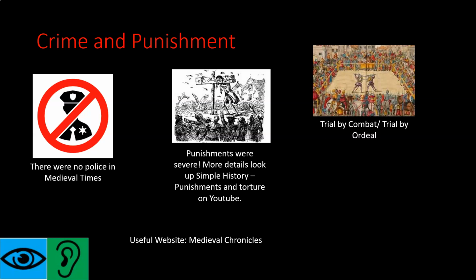Likewise, other serious crimes include things such as treason and heresy, so not being a good Christian. And again, these are punished in very, very severe ways, with punishments going up as far as being hung, drawn, and quartered, which again I will let you explore for yourself if you want to know what that is. It's a very, very violent type of punishment.